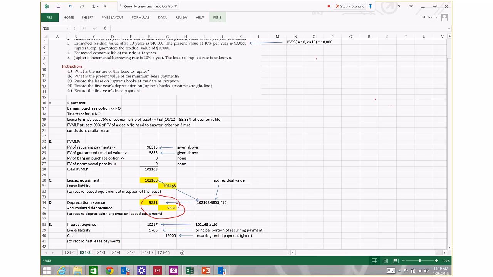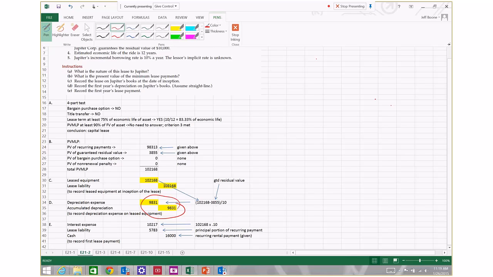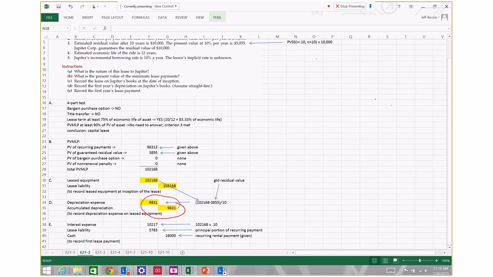Okay, so we've had the leased asset, we've been in the lease a full 12 months. It's the end of the year. We need to make our first lease payment. According to the facts of the problem, the amount of the lease payment is $16,000. So we're obviously going to credit cash for the $16,000, the recurring rental payment.